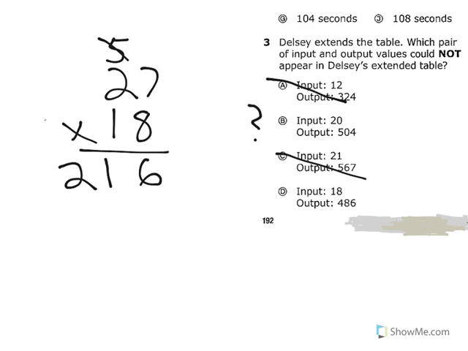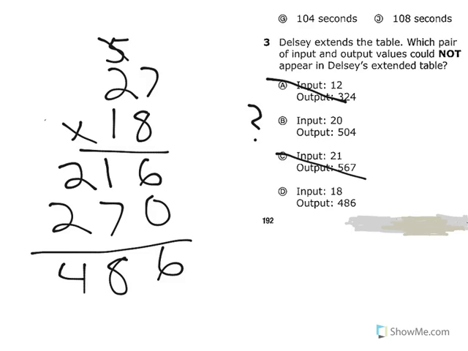Okay, done with the 8 now. Put a 0 to mark my place value. 7 times 1 is 7. And then 1 times 2 is 2. Add that up, that's 6, that's 8, that's 4. So 486. So that one would be on my table, so I can eliminate that one. So my answer choice is B.